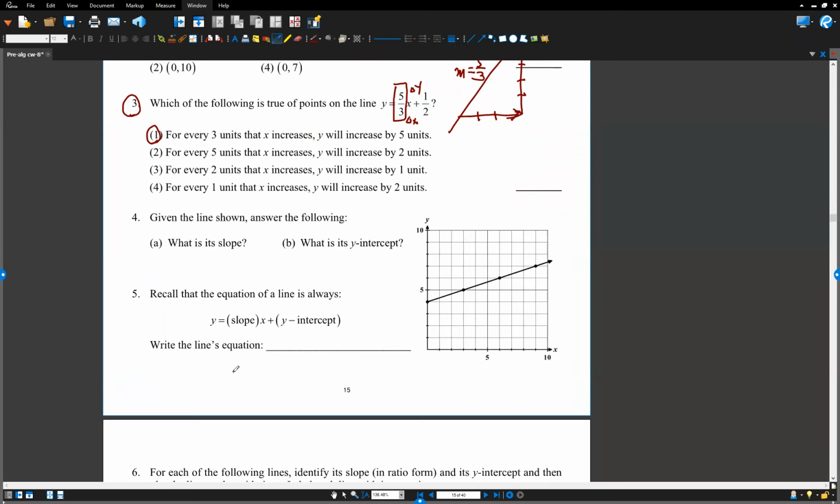What's the slope? Brianna? Hello. All right, Bentley, what is the slope? I was thinking 1, because I go 1 to the right, then go up.